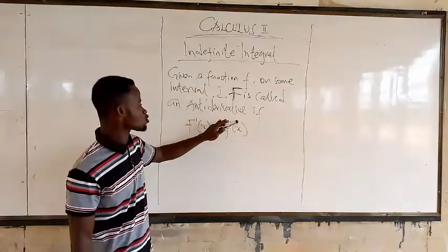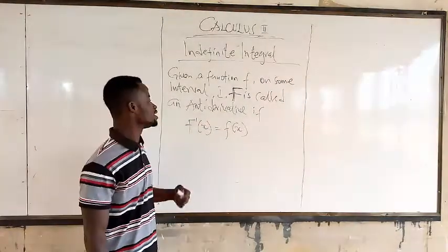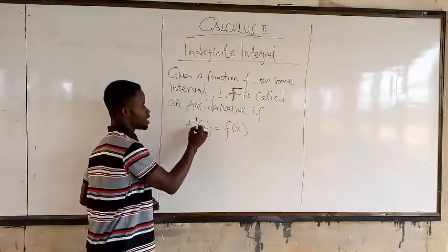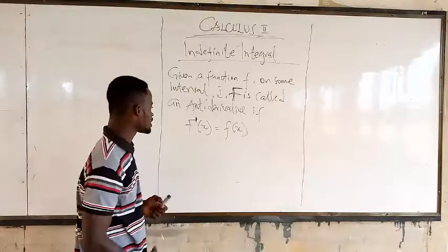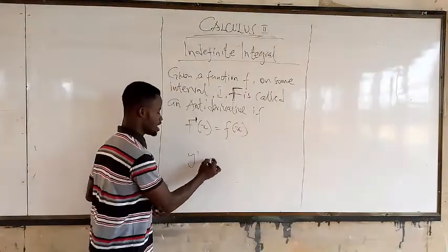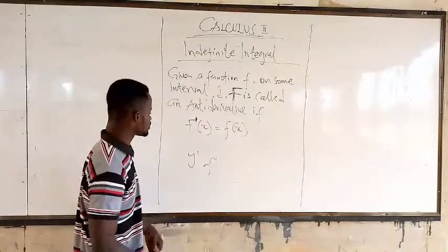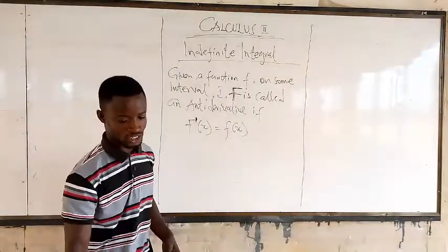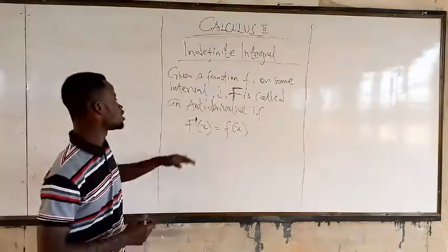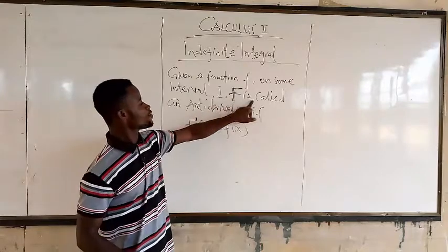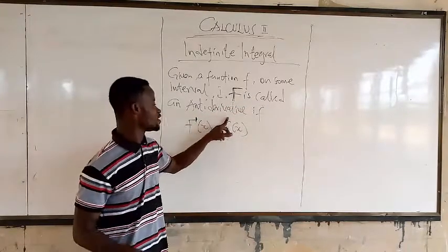If F prime, and you know in Calculus 1 that when we write y prime or f prime, we are talking of dy/dx, which is the same as differentiation. So here, we are saying that F is called an antiderivative.